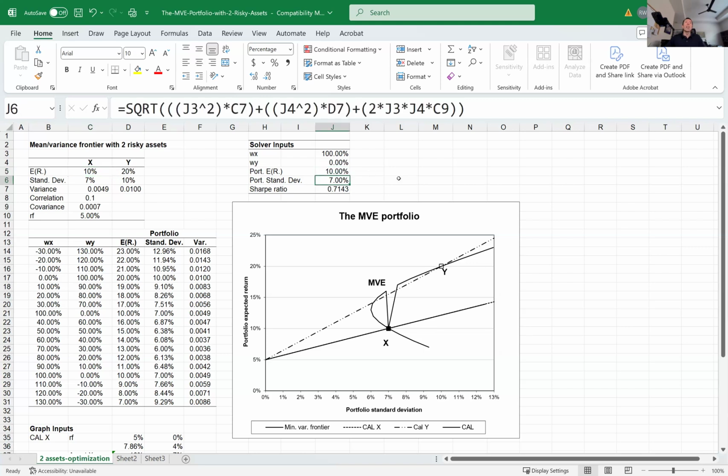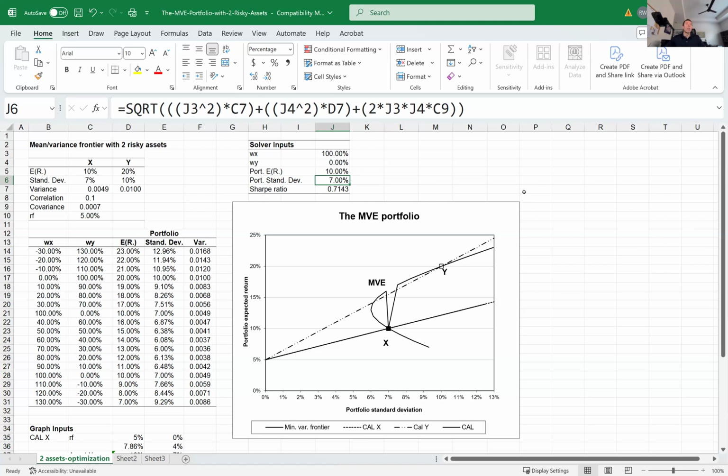What's the standard deviation of the portfolio? Well, again, if I've got all my money in X, it's going to be 7% because that's the standard deviation of X. But this is the formula for the standard deviation of a portfolio where you've got two risky assets, X and Y. It just so happens I've got none of my money in Y at this point in time.